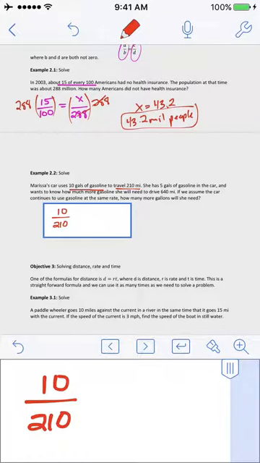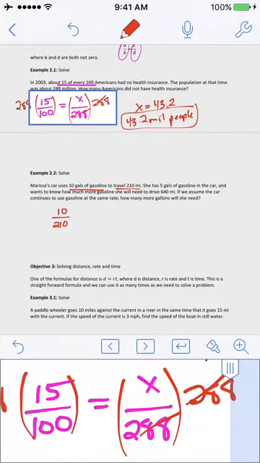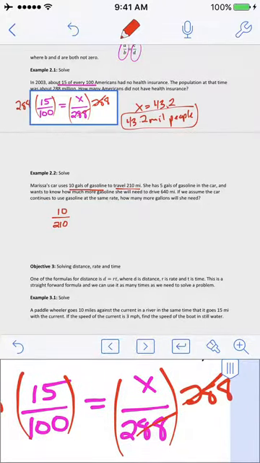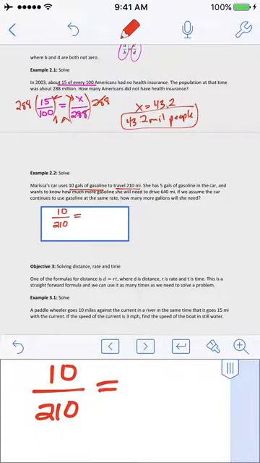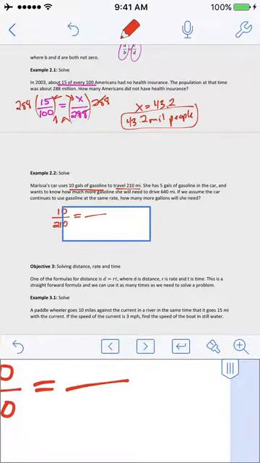You always want to set it up units by units. Notice in the last one it was people who had no health insurance out of the total, so you always want to take it out of the same units. So 10 gallons for 210 miles, and we're curious about 640 miles. How many gallons is that going to take?